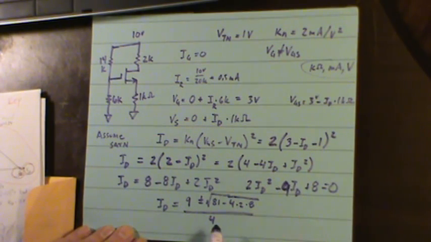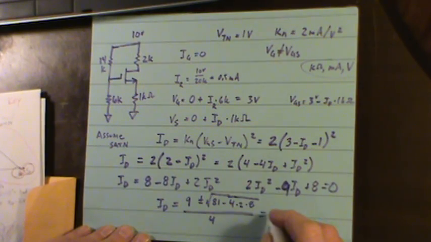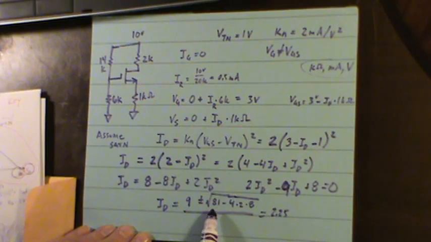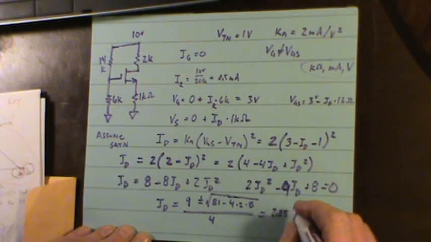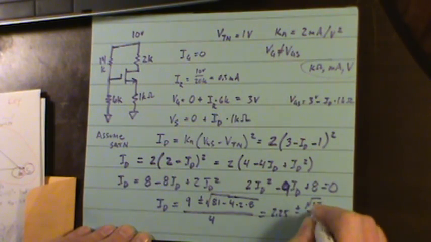So that's, what the heck is this? I'm going to run out of paper. 9 over 4 is 2.25. 81, 4 times 2 is 8. Oh, it's 81 minus 64. 81 minus 64 is 17? Yeah. Plus or minus the square root of 17 over 4.